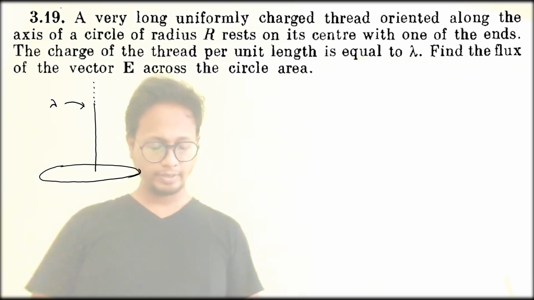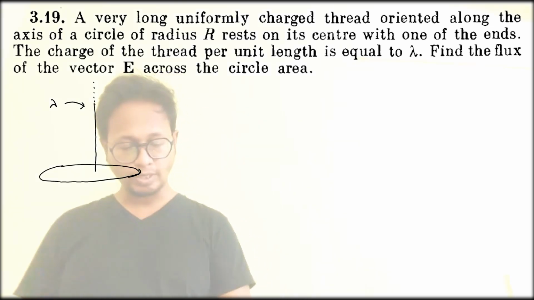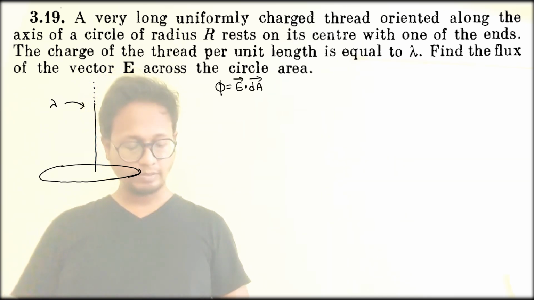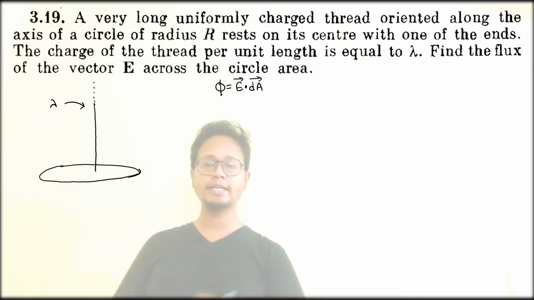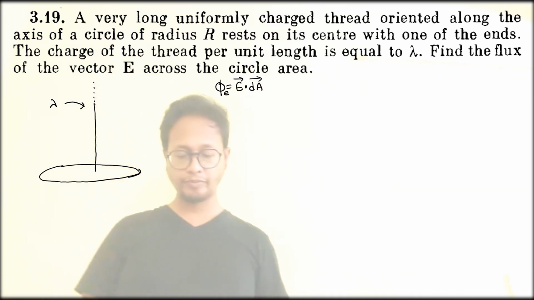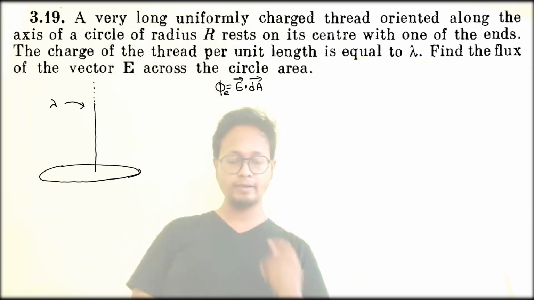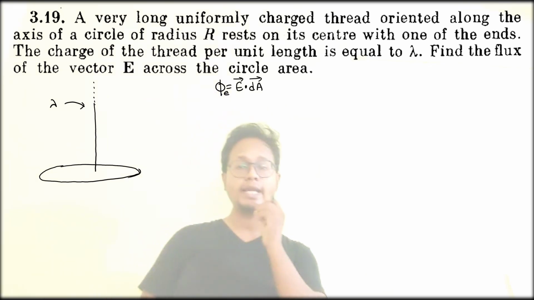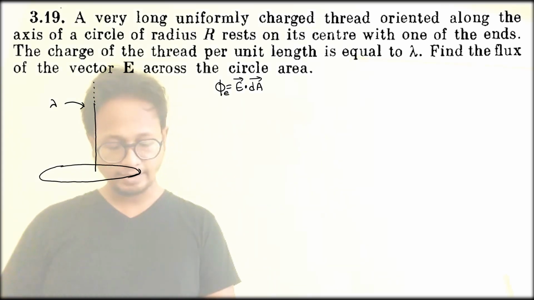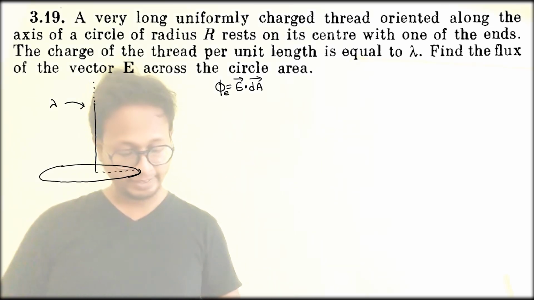Understood? Now, what is the formula for flux? Flux is nothing but E dot dA, isn't it? Or the dot product of electric field and area is nothing but electric flux out here. Okay. So if you remember, what was the electric field due to a semi-infinite wire? If I take a ring out here, the entire thing is nothing but a disc.